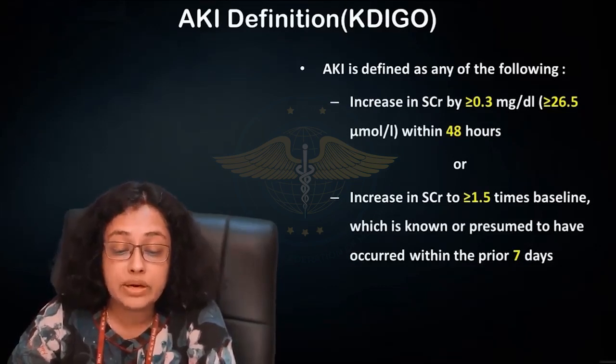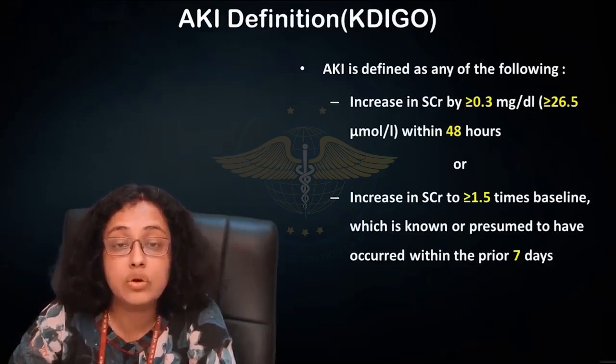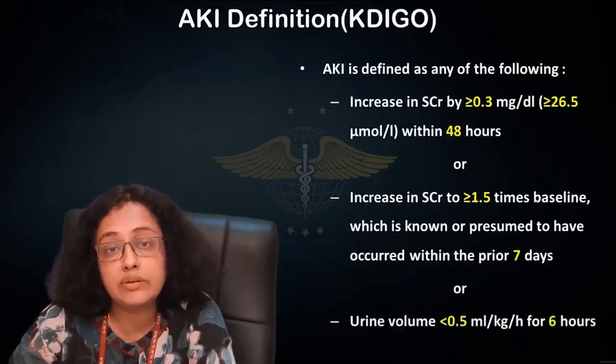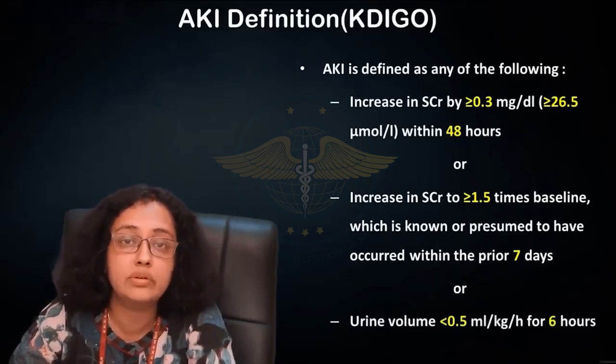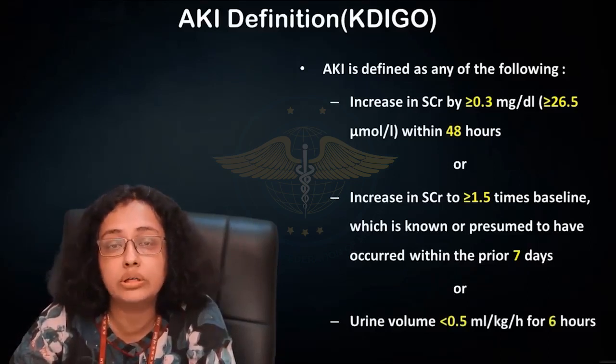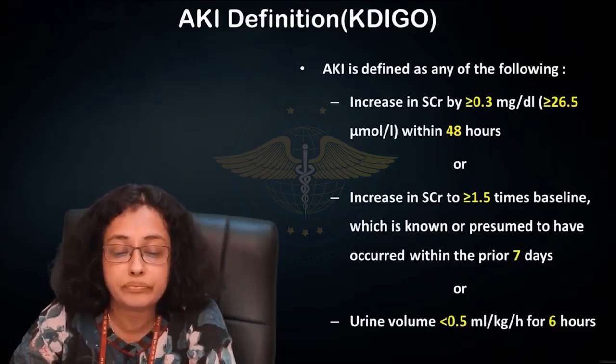And the baseline was defined as known or presumed to have occurred within the prior 7 days. So if you do not have a baseline serum creatinine in the last 7 days, we need to find out indirectly, like, does the patient have any other evidence of chronic kidney disease or any risk factors for chronic kidney disease before deciding whether it is an acute kidney injury or an acute on chronic kidney injury.